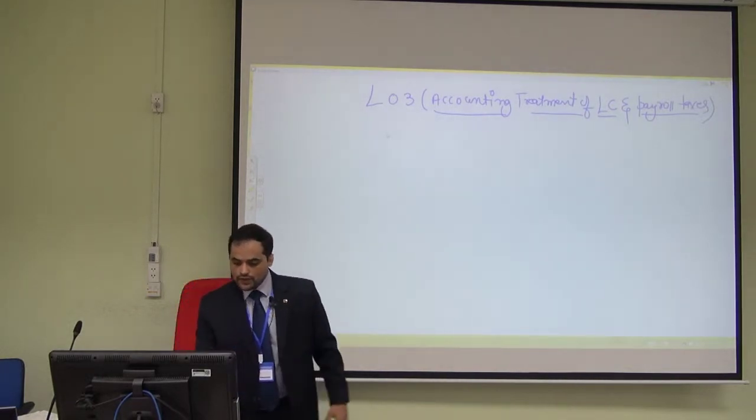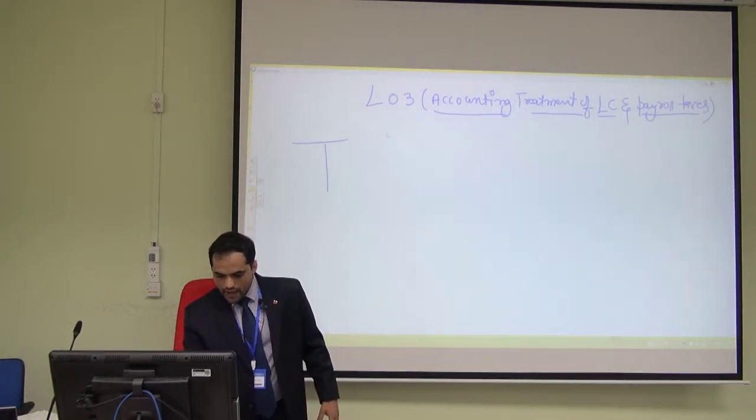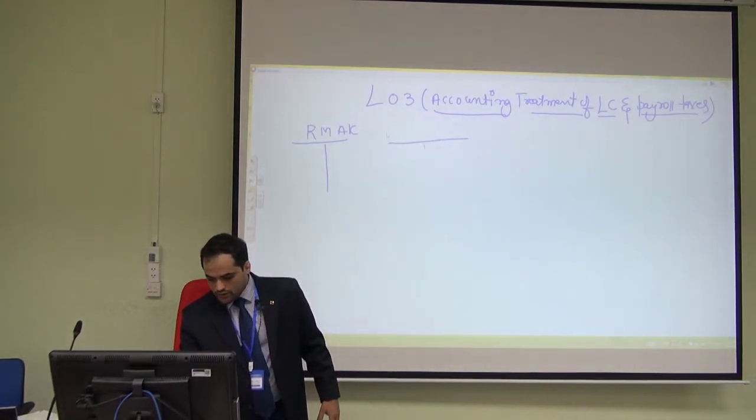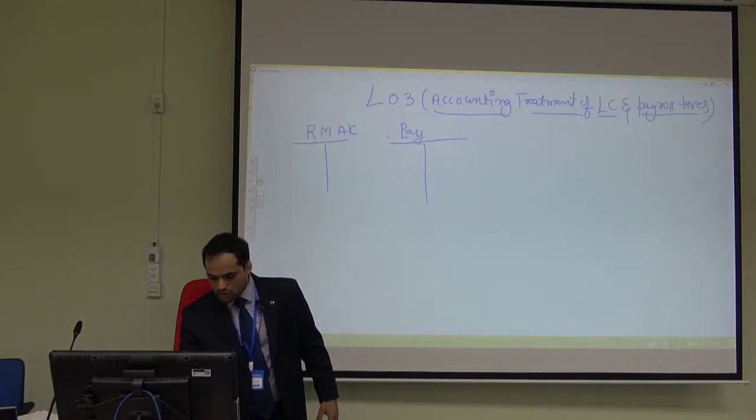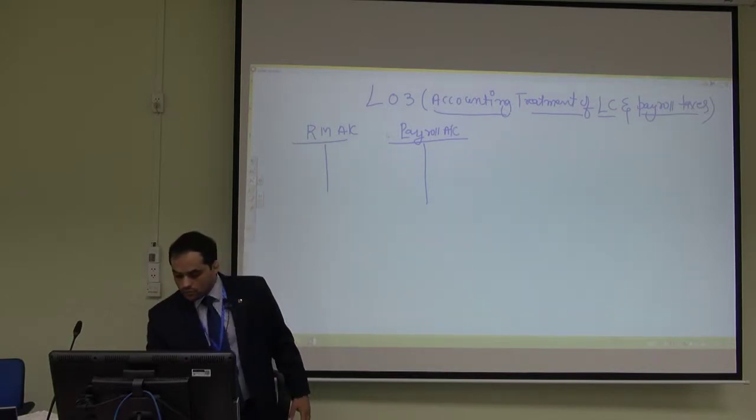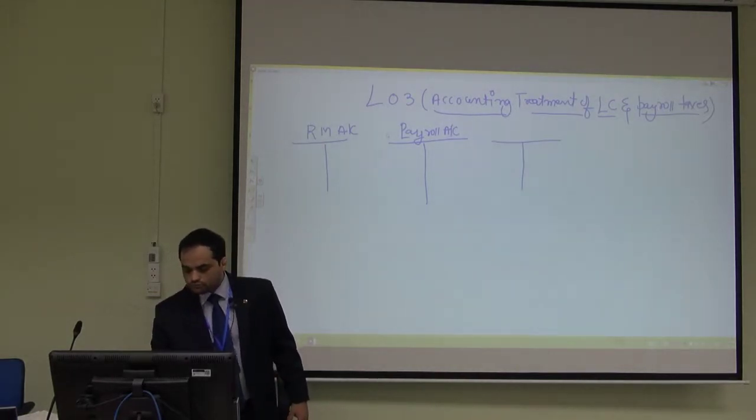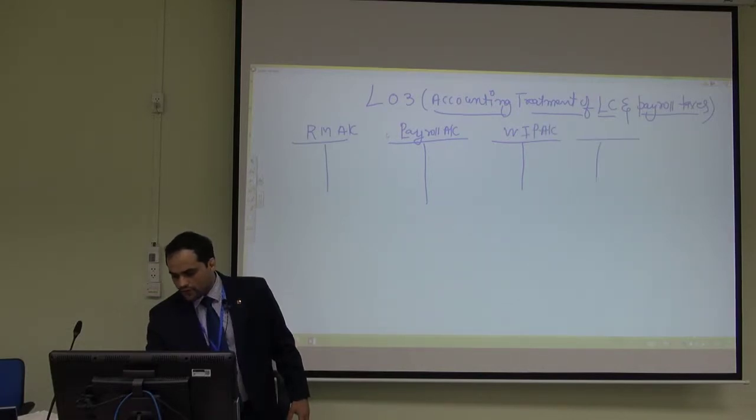Here we have a raw material account, a payroll account, let's say a work in process account, a finished goods account, and then a cost of goods sold.